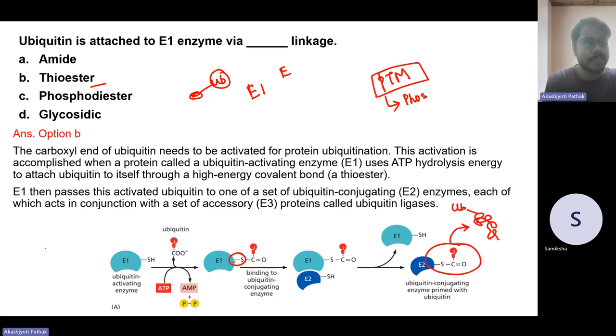Okay, so this is the ubiquitin proteasome degradation pathway. Remember that in the first step, ubiquitin is attached via the thioester linkage. So this is the one.